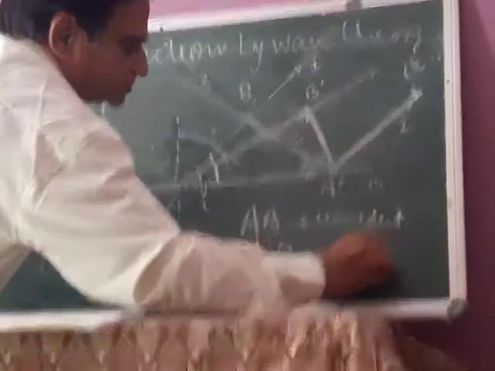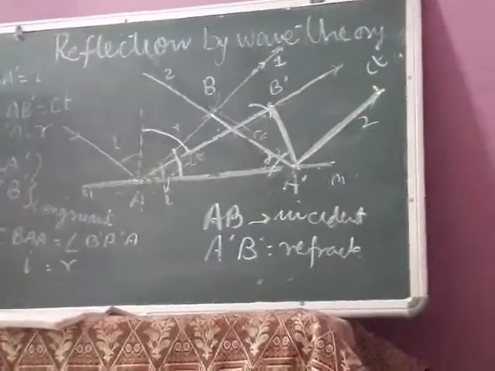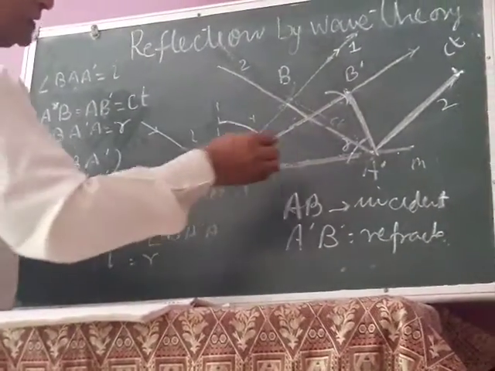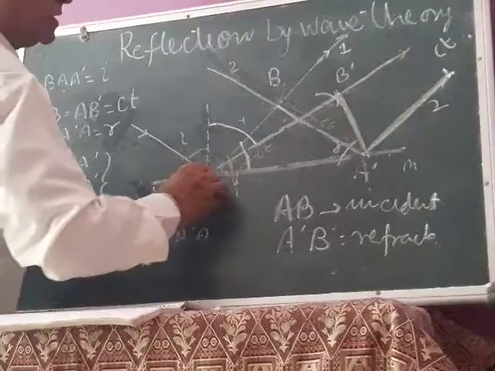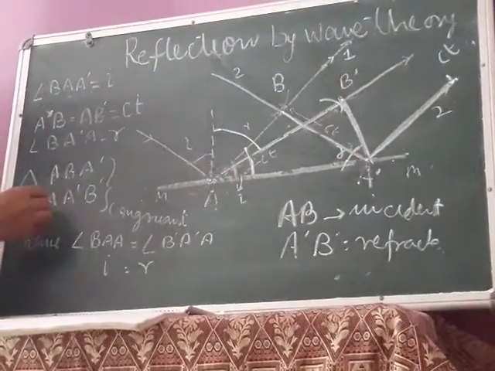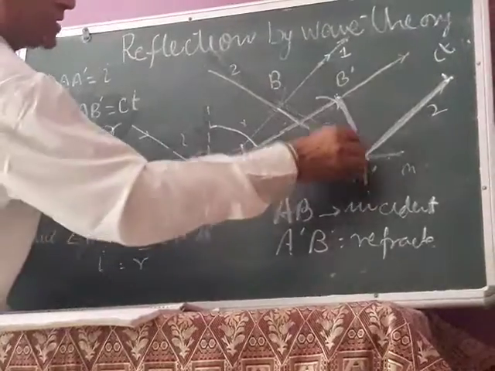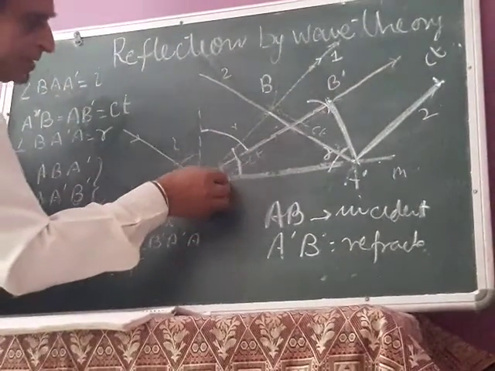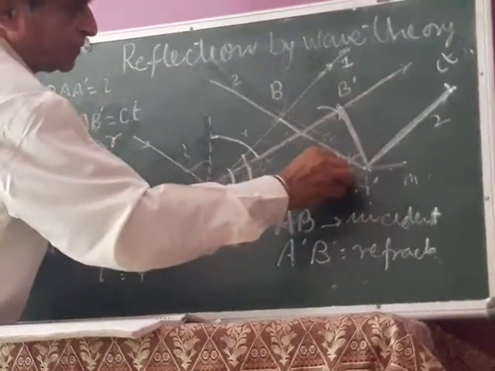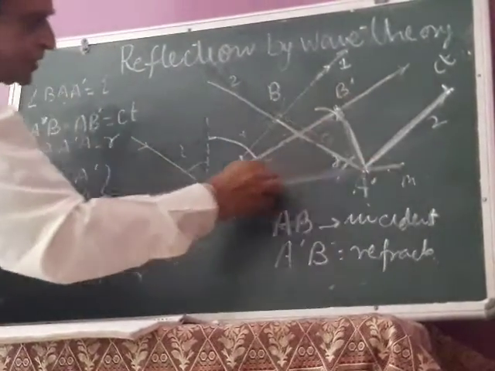Wavefront. Now we can see in these two triangles, angle ABA dash and angle A dash B, A dash B. We have seen that this angle is i, this angle is r.